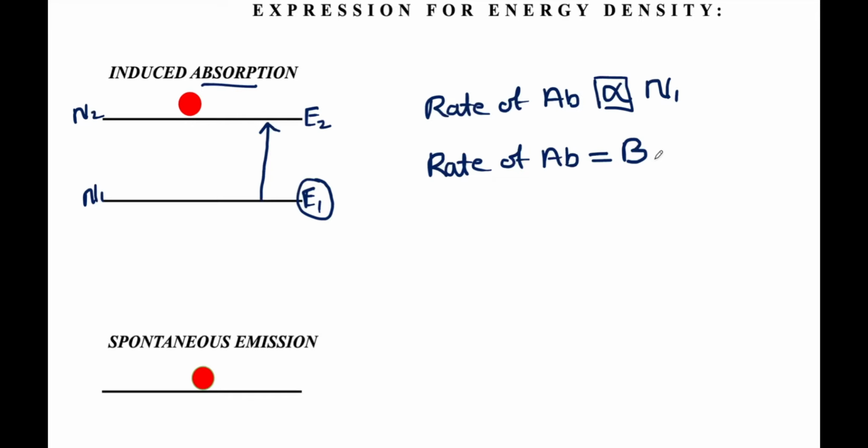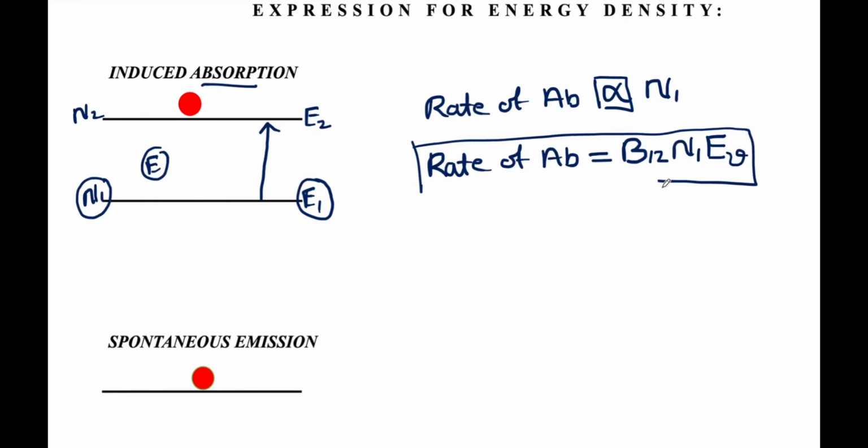How many electrons make the transition? N1 electrons, so we write N1. To make a transition, is energy required? Yes, energy is required, so we write E nu. Now we have the equation for the rate of absorption.